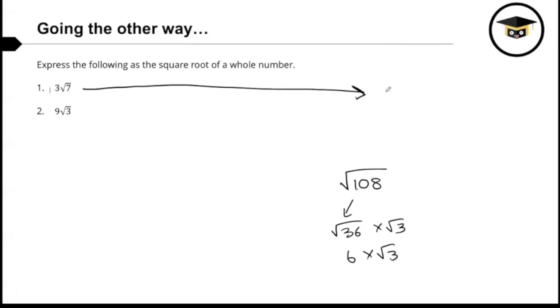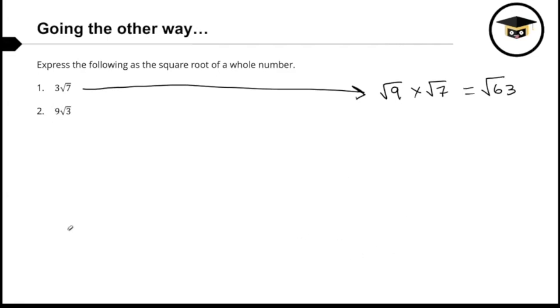So the 3 is equal to the square root of 9. And so we have square root of 9 times the square root of 7, and that is equal to the square root of 63. Okay, so with these kind of questions, all we're going to be doing is changing the coefficient in front of the surd, so the number, the integer, into its surd form.